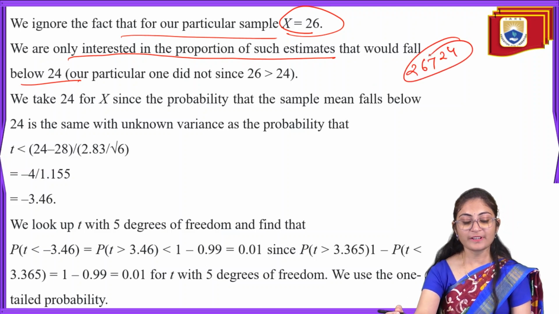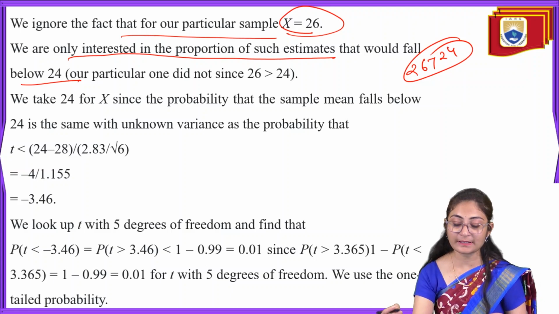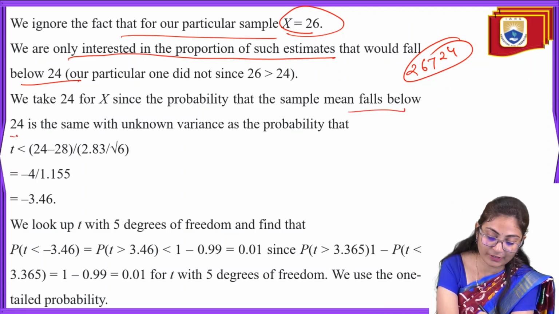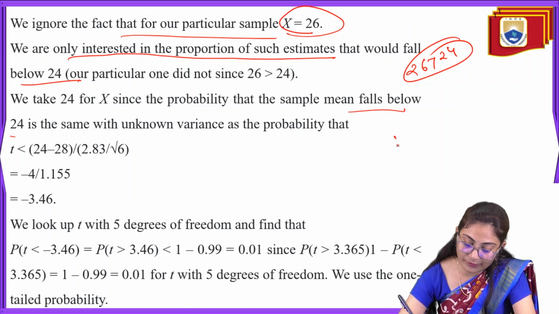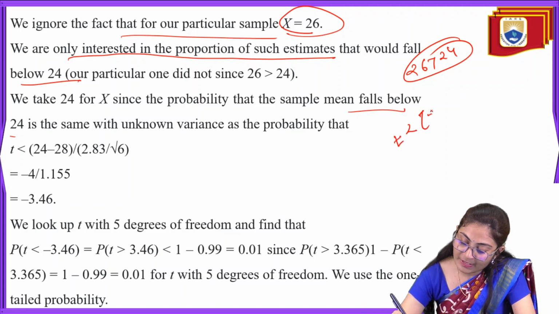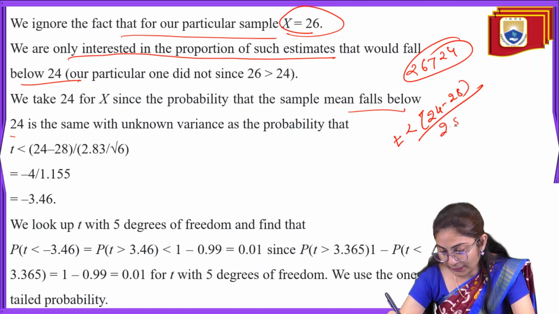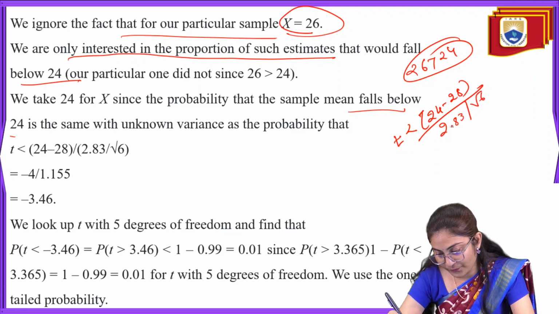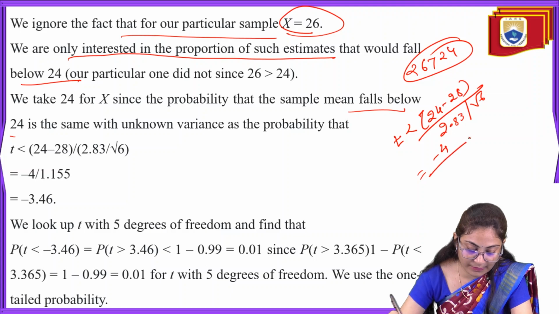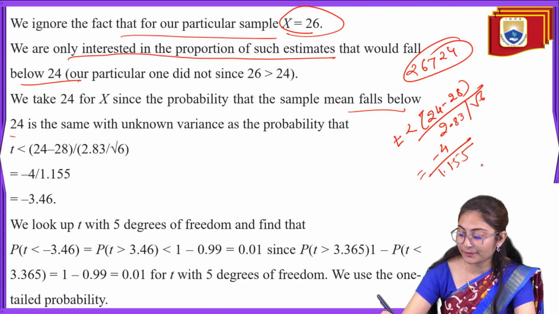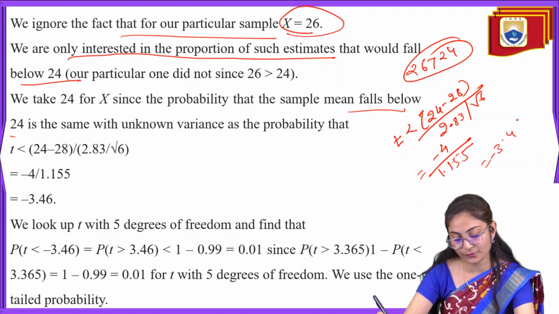So the probability that the sample mean falls below 24 is the same as with a known variance: T less than 24 minus 28 divided by 2.83 divided by root of 6. Here you get minus 4 divided by 1.1155, and the answer is minus 3.46.